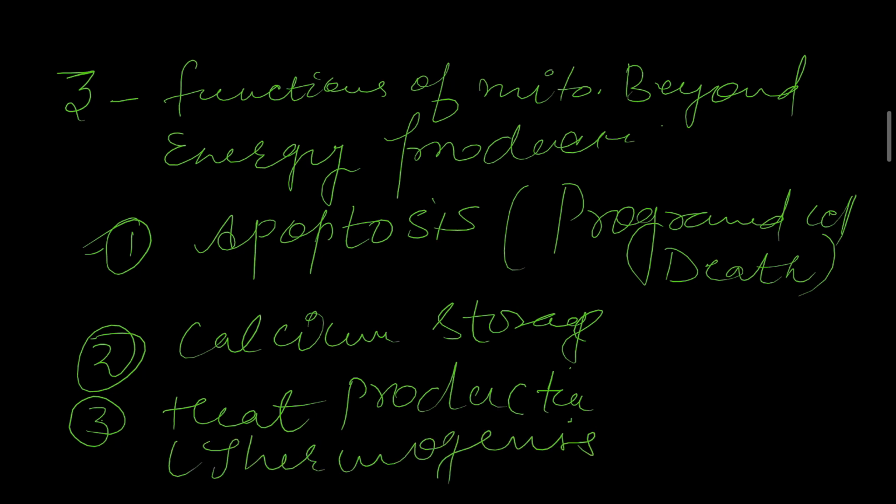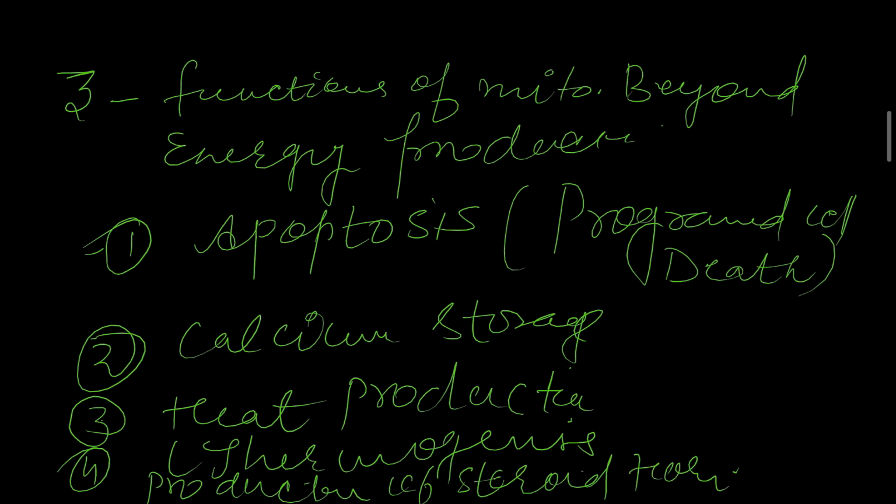In brown fat cells, mitochondria produce heat instead of ATP, helping regulate body temperature. Fourth is the production of steroid hormones. Mitochondria play a key role in hormone synthesis, including estrogen, testosterone, and cortisol.